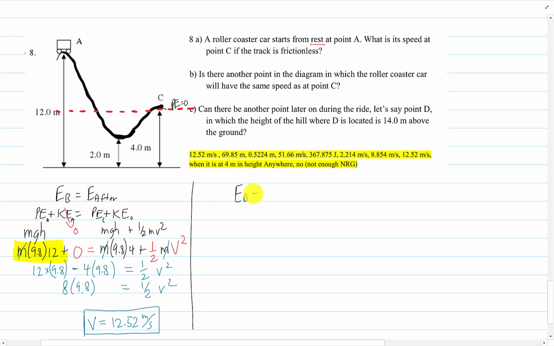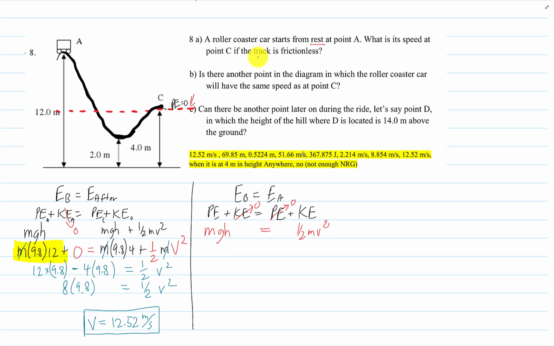E before equals E after, and then you go PE plus KE equals PE plus KE. Still starting from rest, this is zero. But by moving it to this location, I've set the final potential energy to be zero, so this mgh equals 1/2 mv squared. Again, the masses cancel, but I have made this h a little bit difficult. It shouldn't be.